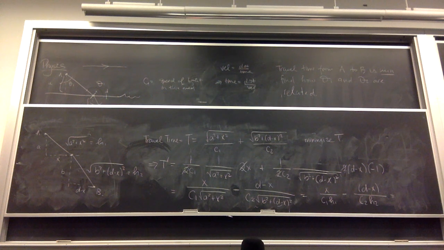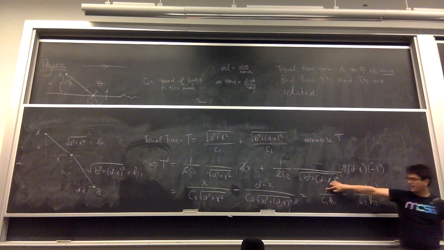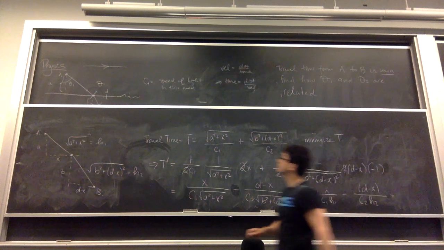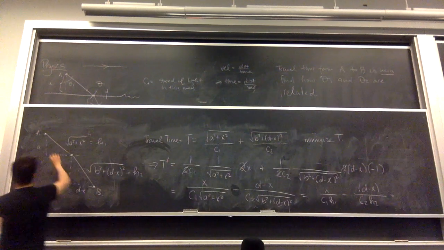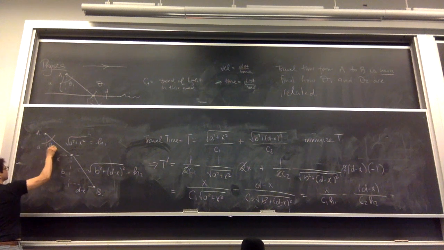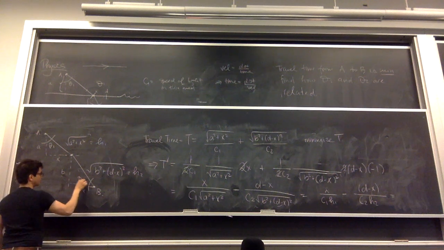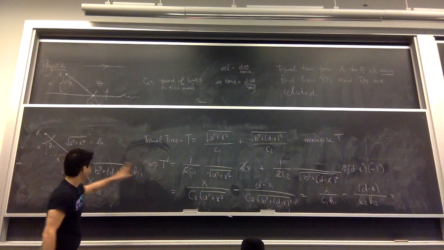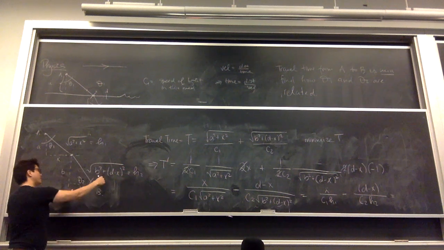Now, remember all that stuff I was saying about trig? All we care about is the ratio of the sides. What's x over h1? What's d minus x over h2? What is this side over this side?